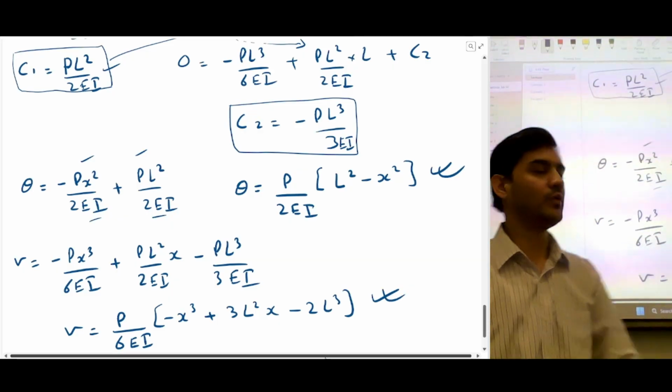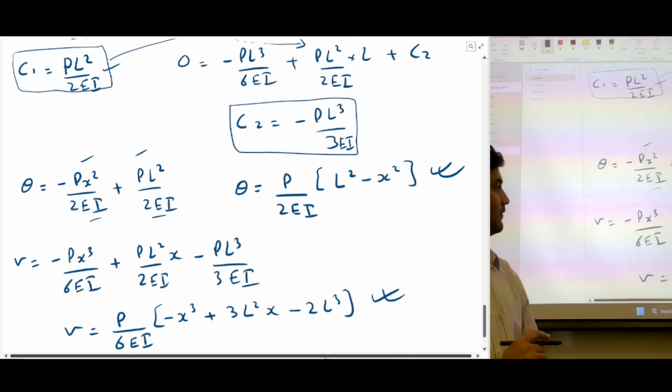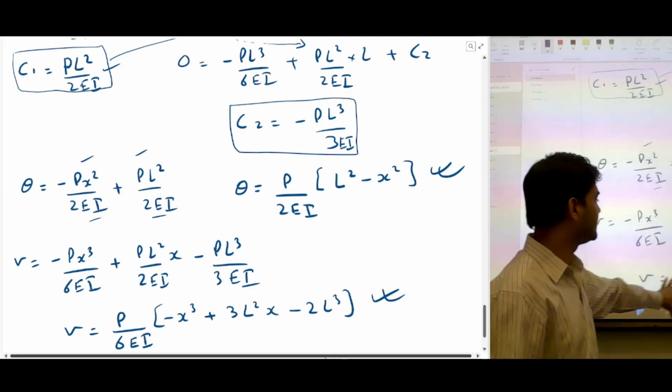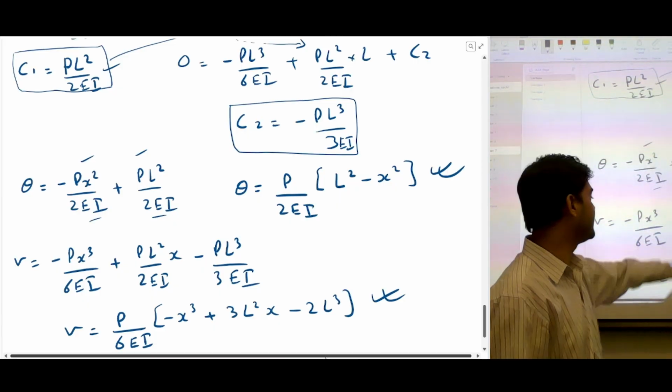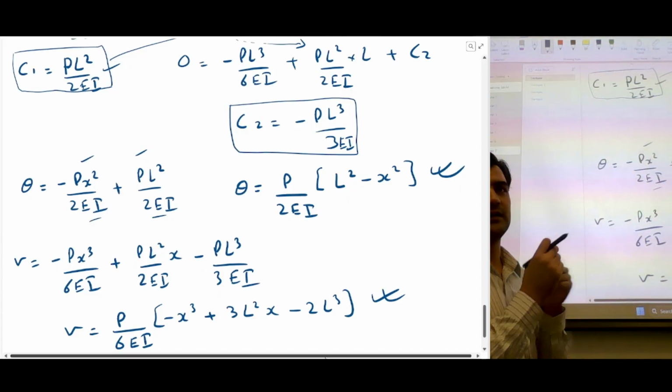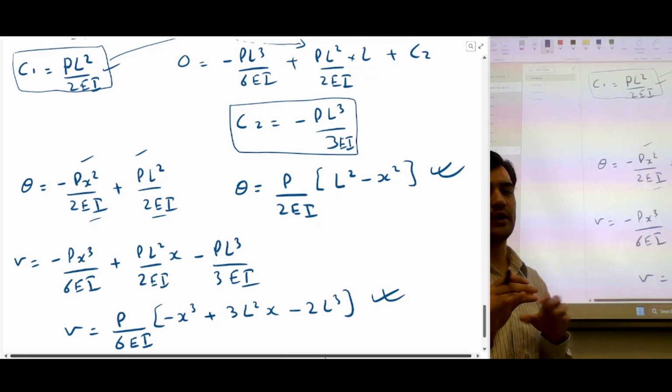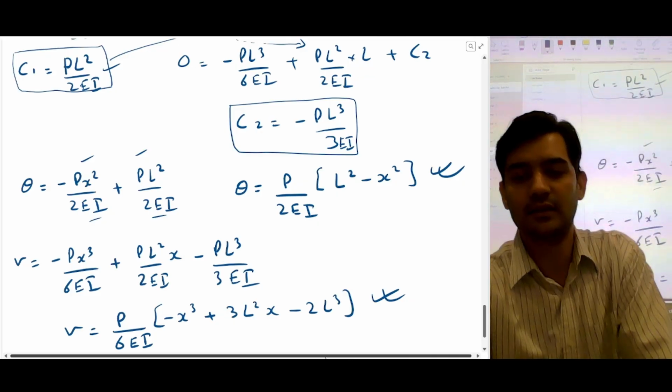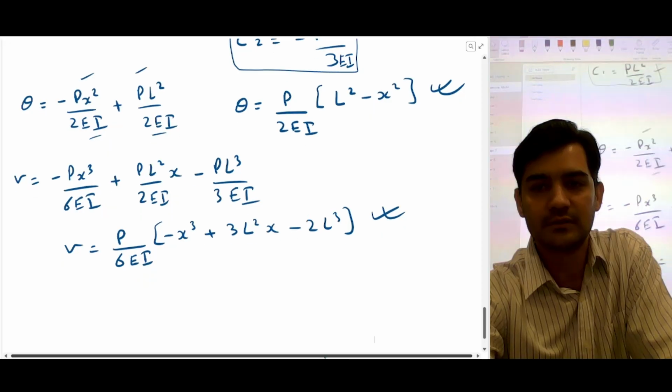So this is the final equation for the displacements. So now we have determined the equations for bending angle and displacement for that particular shape for the cantilever beam with one load at the end. So we can use these equations to solve the bending angle and the displacements.